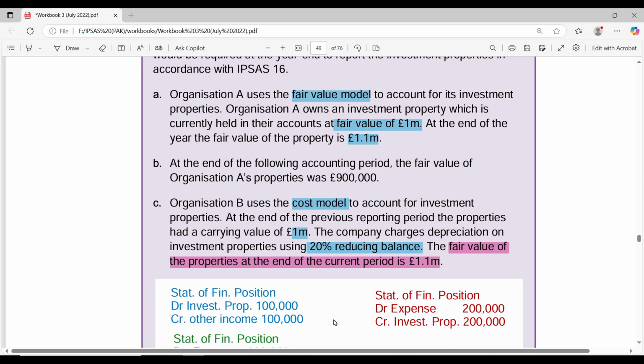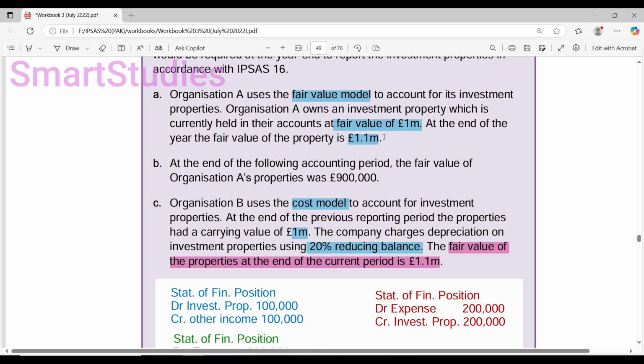Oh, it is very easy. Since it uses the fair value model, now it should use the fair value of the investment property at 1.1 million. The increase from 1 million to 1.1 million goes to the statement of financial position: debit investment properties 0.1 million, and credit other income 0.1 million.